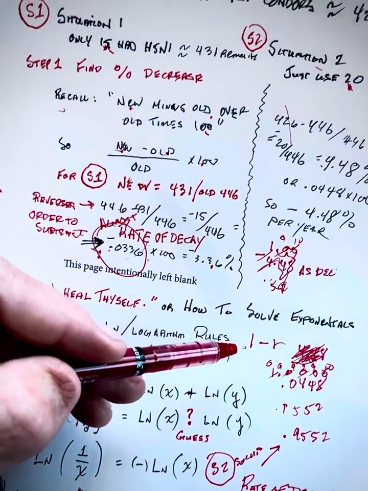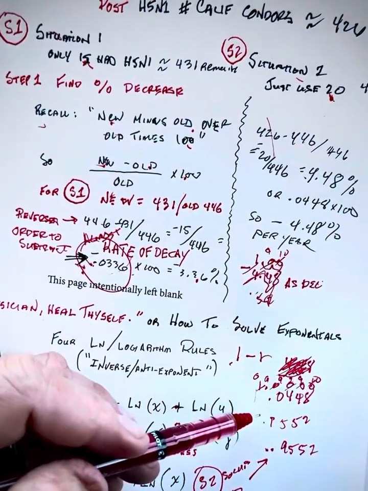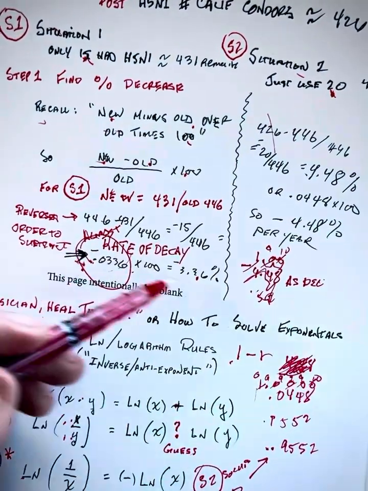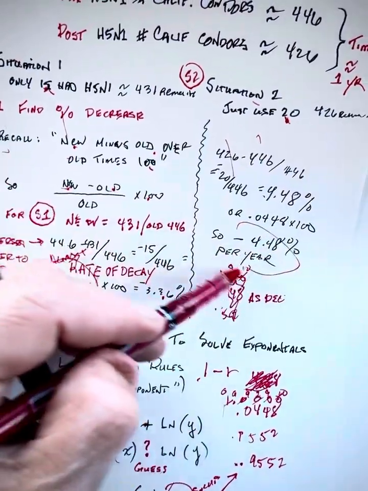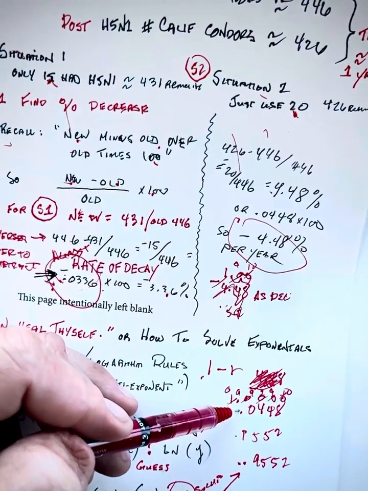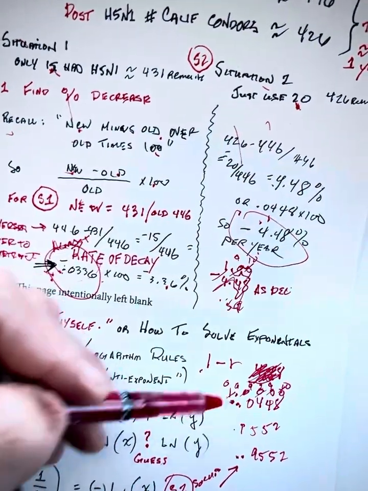I continue right here. 1 minus r. So that's for 15. This is for 20. Okay, so I'm using that number here, but as a decimal.